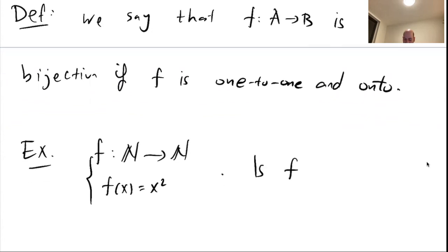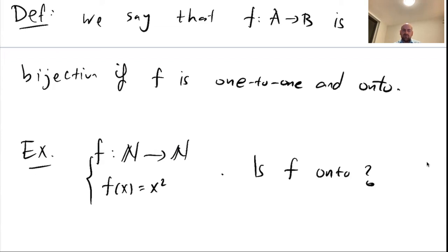Is f onto? So onto means, can I say that the range is equal to the whole codomain? The codomain is all natural numbers. Is the range the same as all natural numbers? The range is the set of all outputs. What are the outputs here? 0 squared, which is 0, then 1 squared, which is 1, 2 squared, which is 4, 3 squared, which is 9.